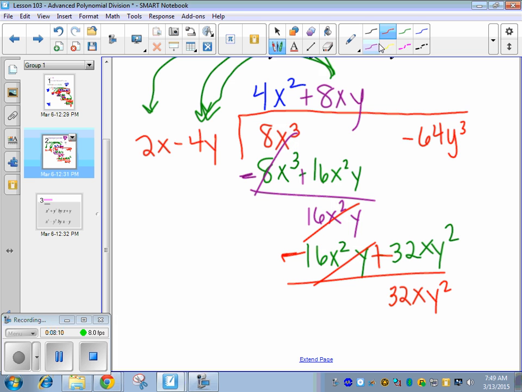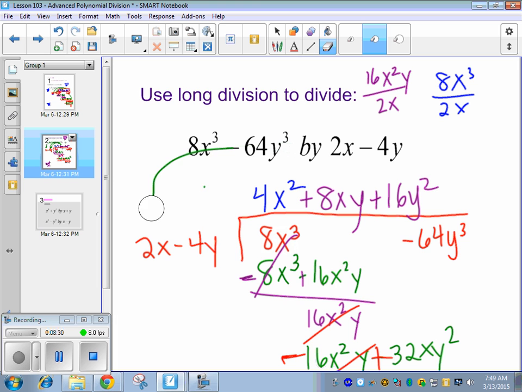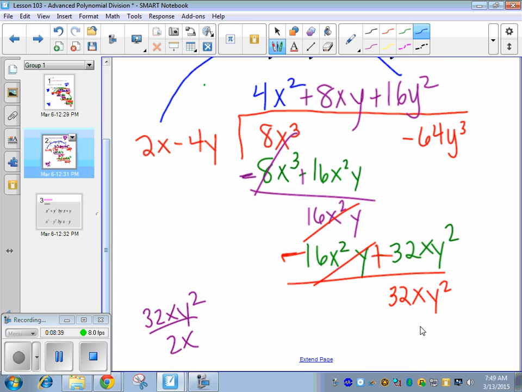Abby, what's the next step? Divide 32xy squared by 2x. Cole, what do I get? 16y squared. After I write anything up top, Connor, what's the next step? Multiply that by both of them, back through. Alex, what do I get when I multiply 16y squared times 2x? 32xy squared.